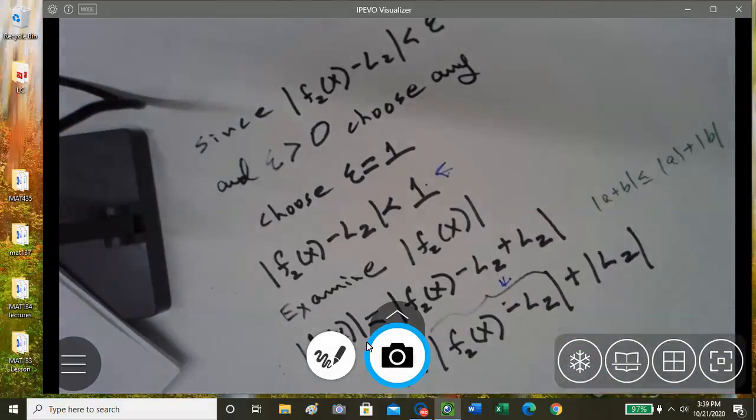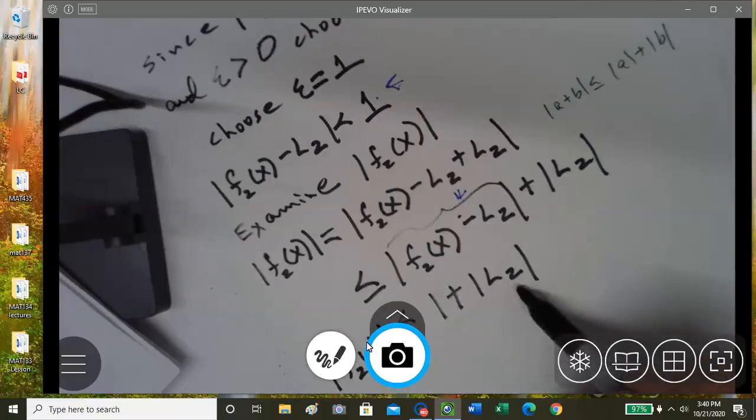So now that's less than 1 plus the absolute value of L2. So the absolute value of f2(x) is less than 1 plus the absolute value of L2.